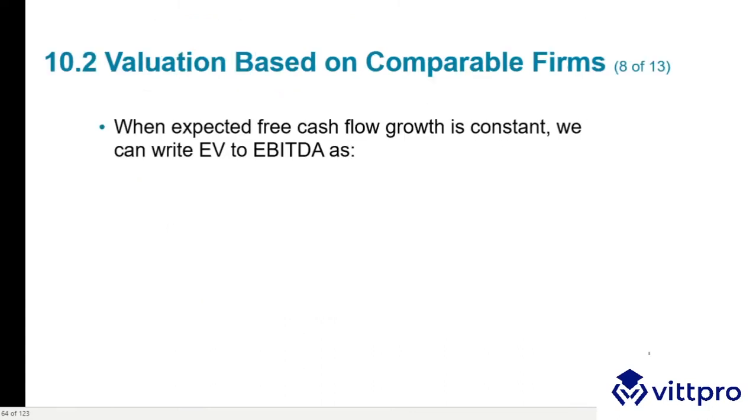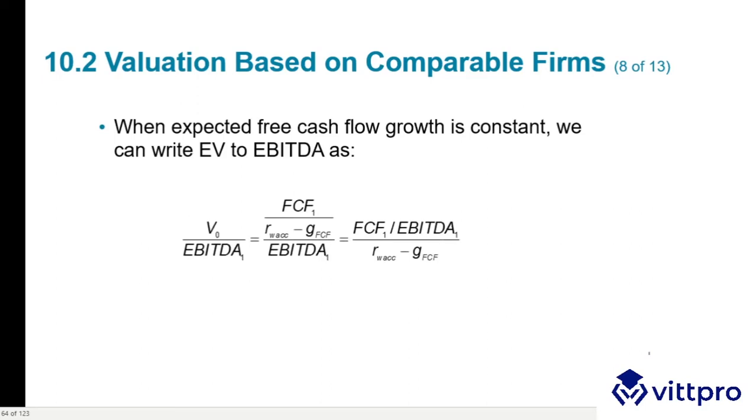And if the free cash flow growth is constant, then you can also write enterprise value to EBITDA as this: V divided by EBITDA, or you can say free cash flow divided by (R minus G), divided by EBITDA. That's the valuation, right? Or FCF divided by EBITDA, divided by R minus G. So it is the free cash flow ratio to EBITDA divided by the growth rates.